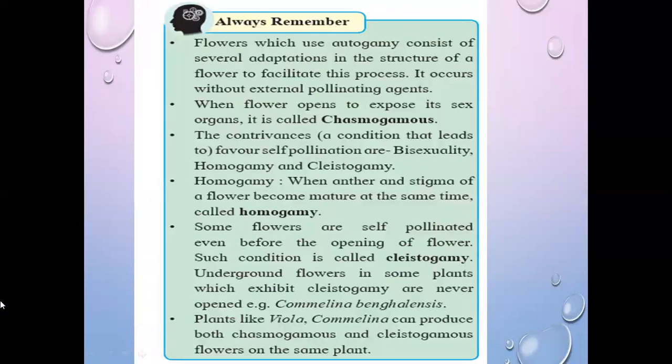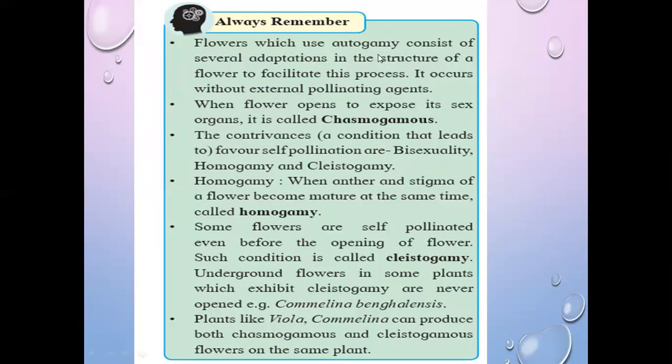Now always remember, okay, you can read this carefully, and these terms are very much important from your exam point of view. Flowers which use autogamy consist of several adaptations in the structure of a flower to facilitate this process. It occurs without external pollinating agents.